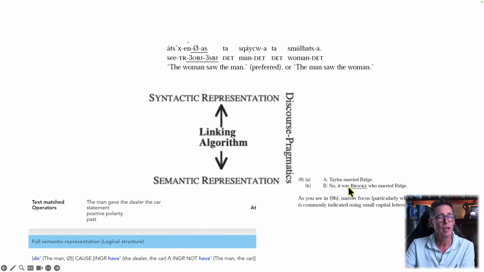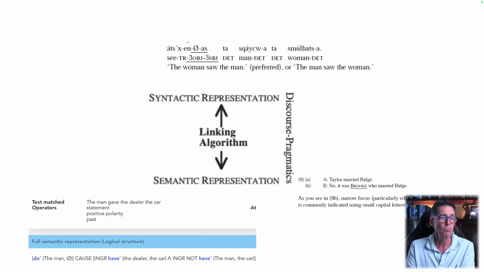And over here on the context side, context is extremely powerful and usually neglected, particularly in the computer science implementation of language. So if you were to say 'Taylor married Ridge,' with only a couple of words, you can drastically change the meaning of what the two of you in a conversation would understand. If you said, 'No, Brooke did,' that would unambiguously mean, 'No, Brooke married Ridge.'